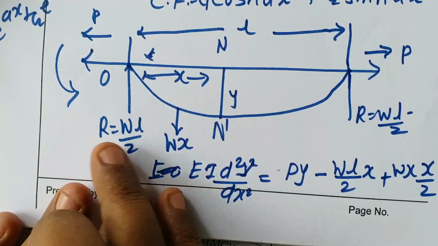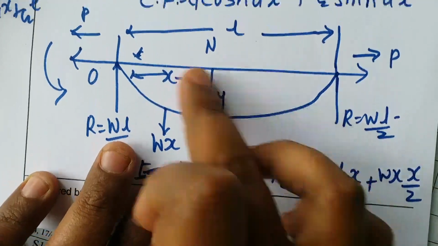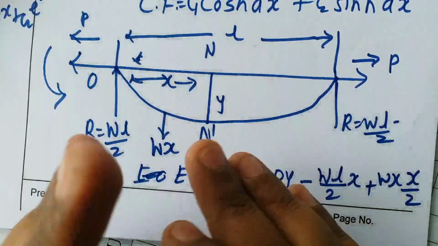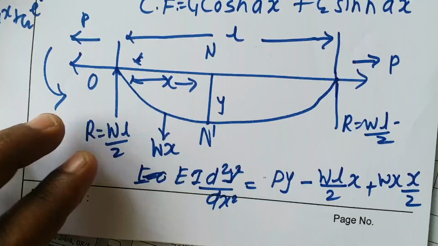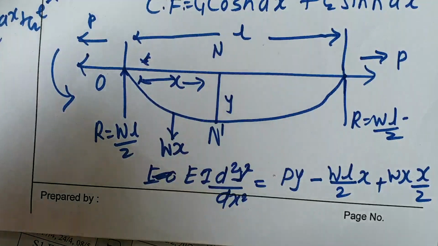Now the vertical reaction at both ends is W by 2 into L, total length, that is half of the weight of the rod acting at the end points.